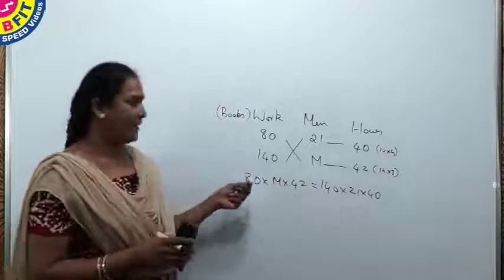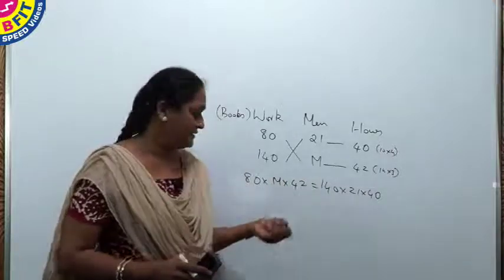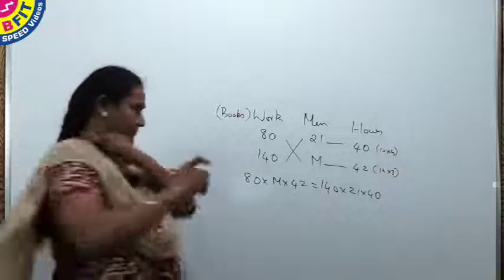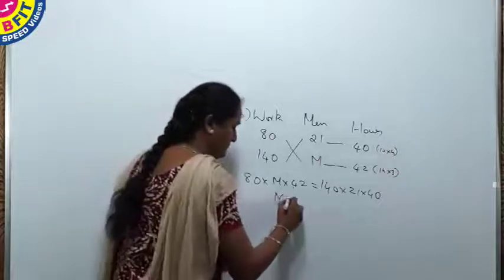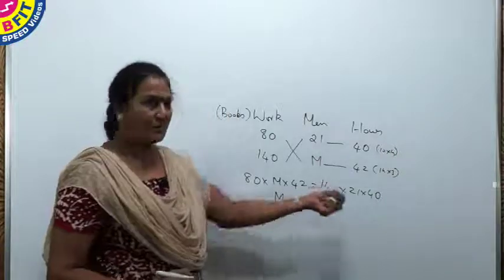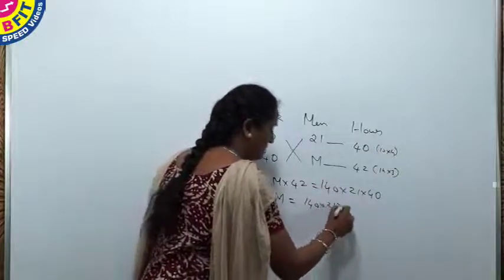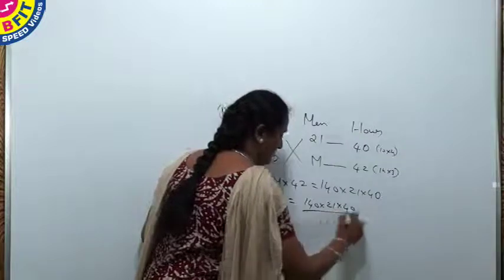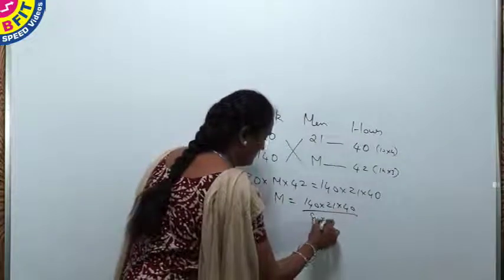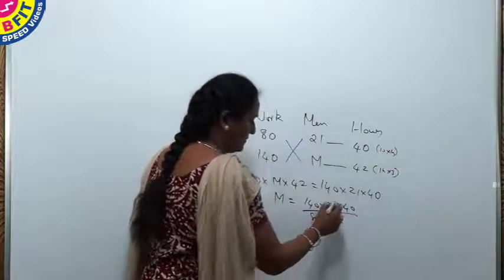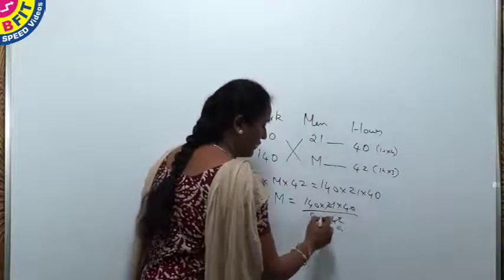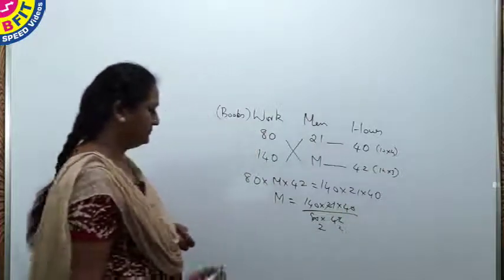Now to find the number of men, we can simplify this, sending these constants to the other side. So 21 2 times and 40 2 times.